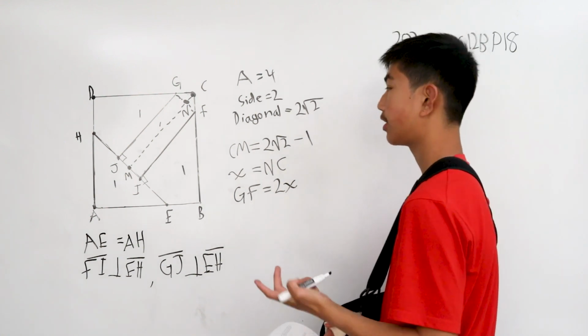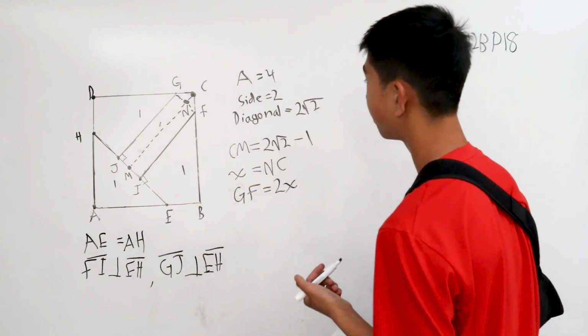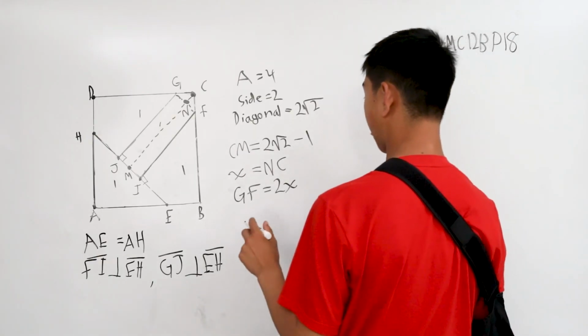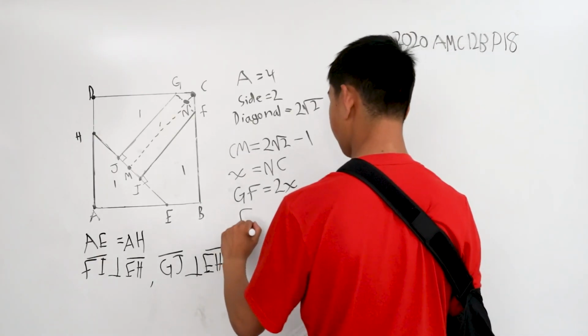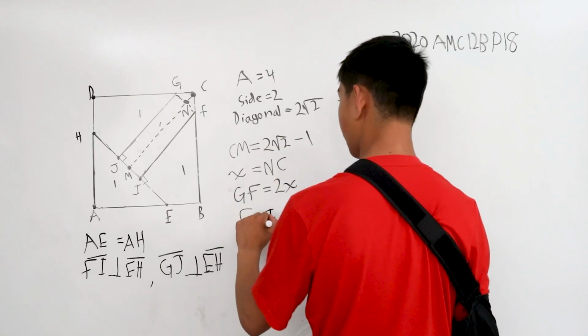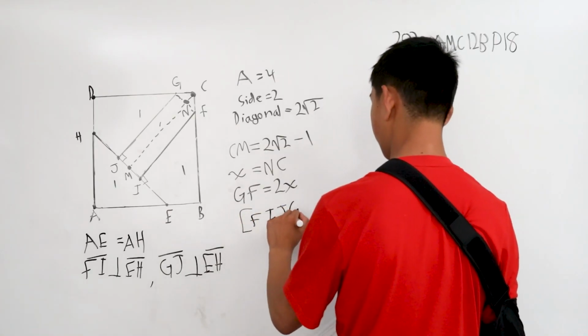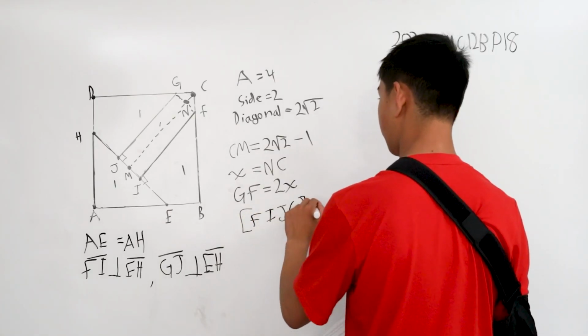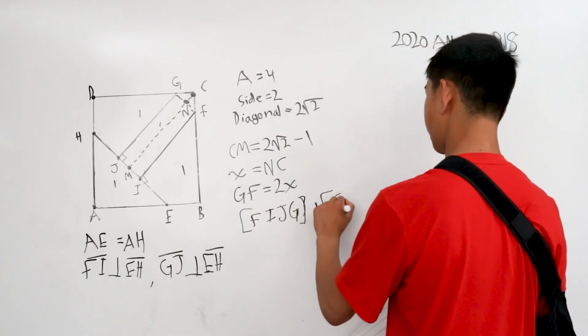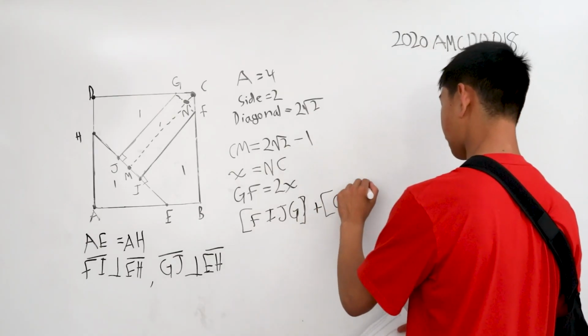And one way we do that is just sum this square and the triangle. So essentially this is going to be FIJG plus GCF.